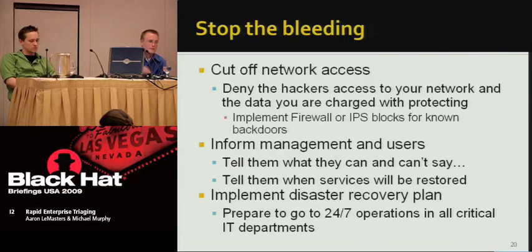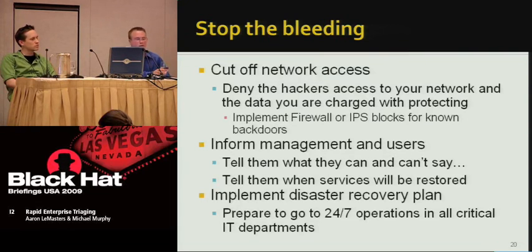So we'll assume that the boss has approved and gone forward and the situation did warrant doing this. The first step is to cut off all network access externally, right? So you basically are just cutting off any access to the internet. The whole point here is to stop the data exfiltration that is potentially happening all the time.